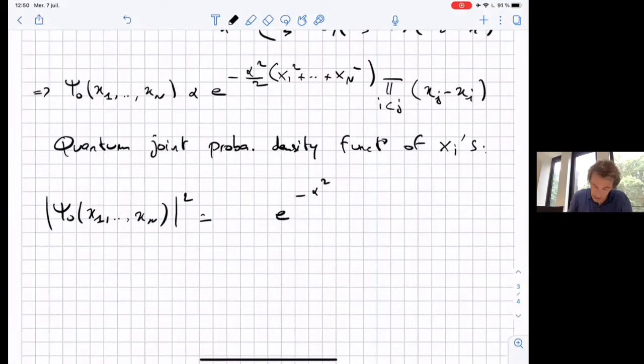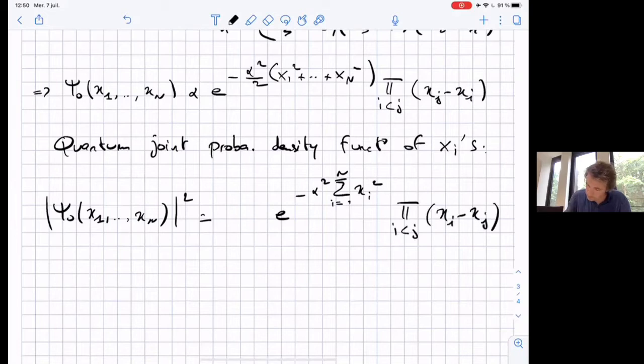So this is exponential of minus alpha squared times the sum from i equals 1 to n of the x_i squared. And now I have this van der Monde with a square. And there is a global normalization factor that I will just write like this.